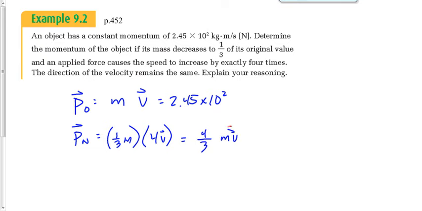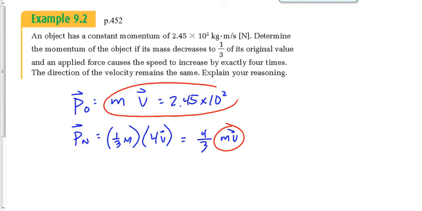But look what I've got here. The very first thing I did was say that M times V is 2.45. My new momentum is 4/3 times M times V. In other words, my new momentum is 4/3 times 2.45 times 10 to the 2.